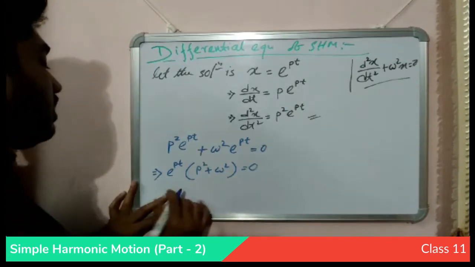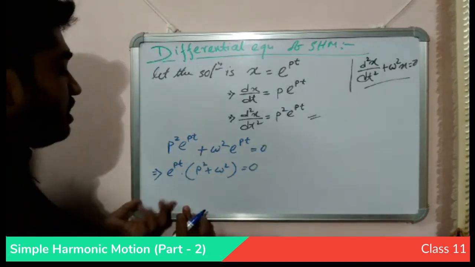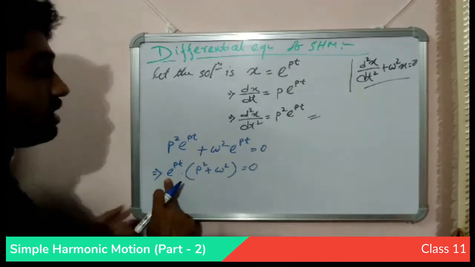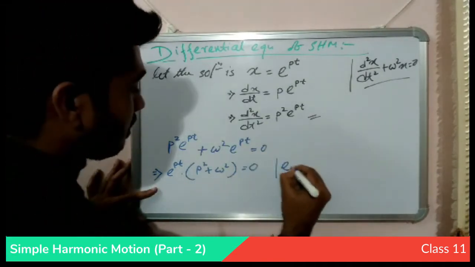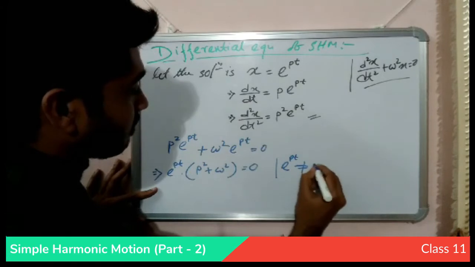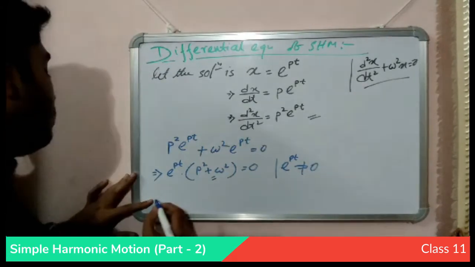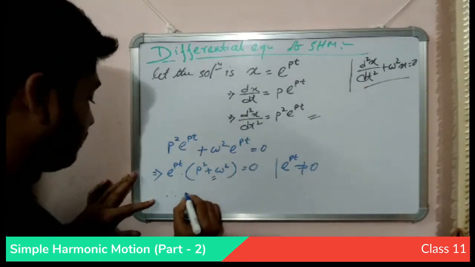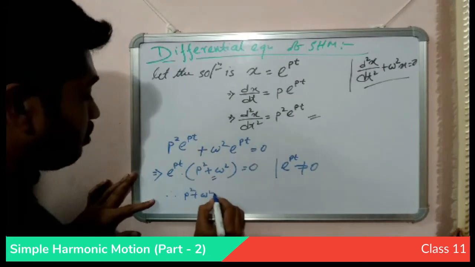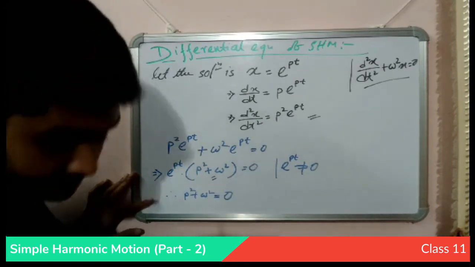And we know that this is the product of two functions, and an exponential function can never be 0, so this must be equal to 0. P square plus omega square is equal to 0.